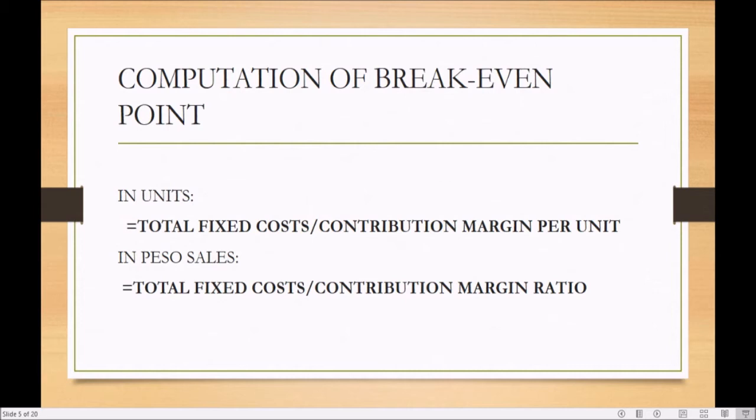Para at least, pag i-divide po natin, i-squeeze natin siya, i-work back natin siya sa pataas, ibig sabihin, the contribution margin and the fixed cost will have the same ratio. Okay? So, lalabas, break-even po yun. So, that's why, in computing the peso sales, that is total fixed cost over the contribution margin ratio. Well, anyways, we will understand mamaya if I provide illustrative examples. Okay?